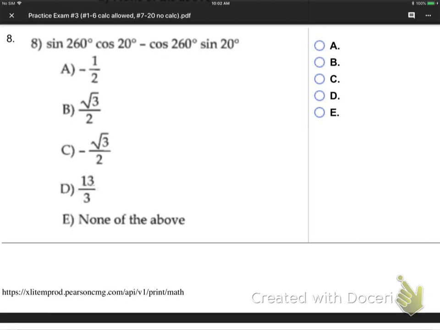Okay, take a look at number 8. Sine, cosine, cosine, sine. What does that look like? Go back to your 3x5 card piece there. See if you can do that.